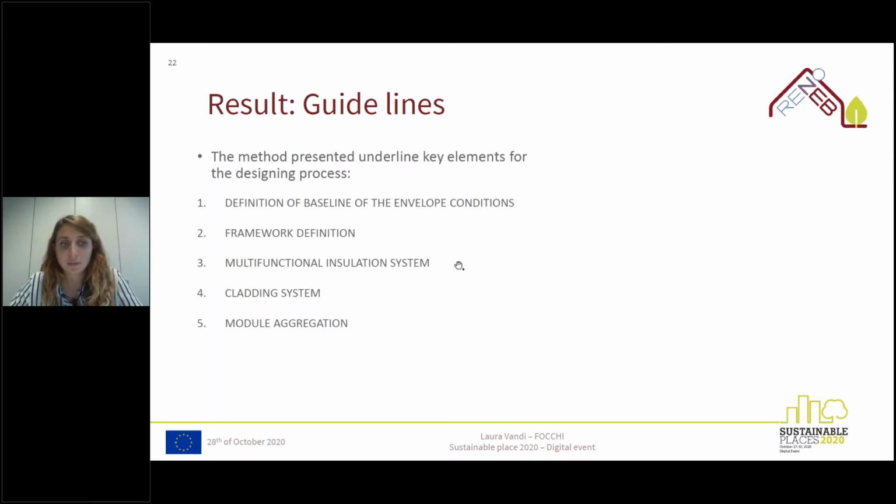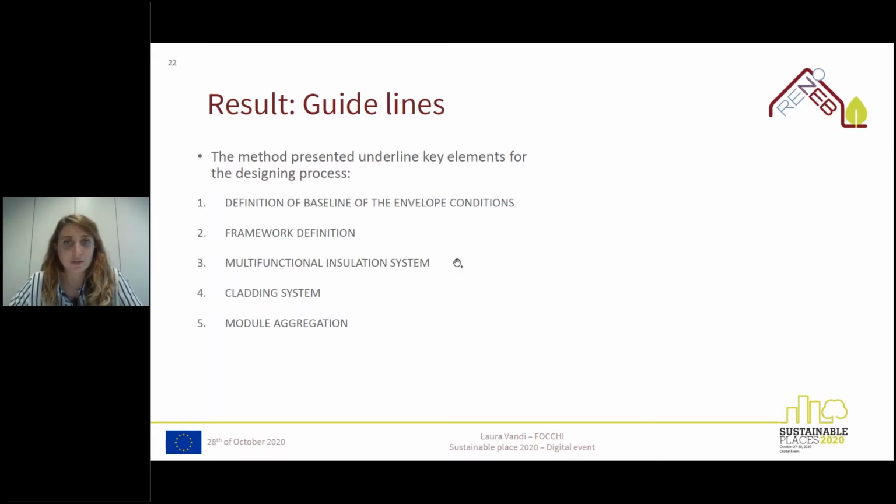The third part, the multifunctional insulation system of the plug and play facade, depends on the retrofitting intervention and the components that the intervention wants to have inside the plug-and-play facade.